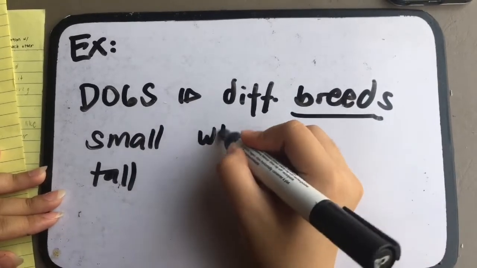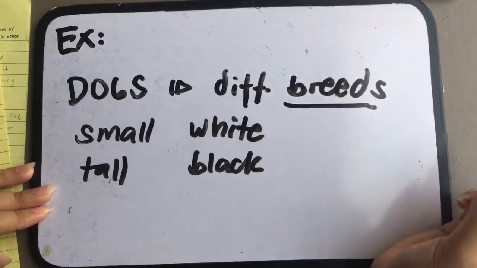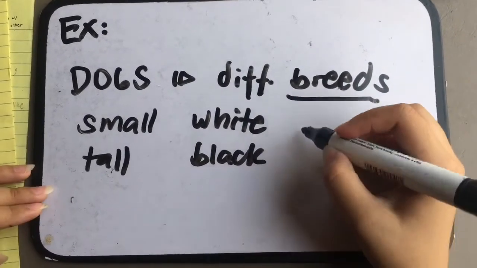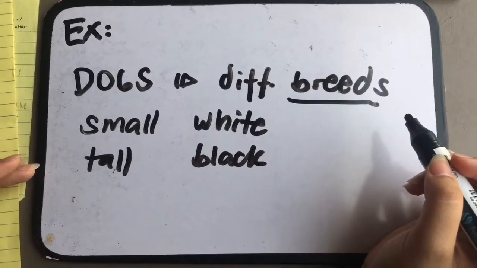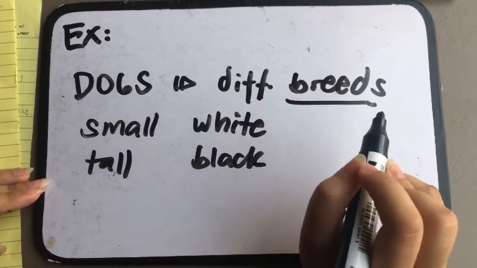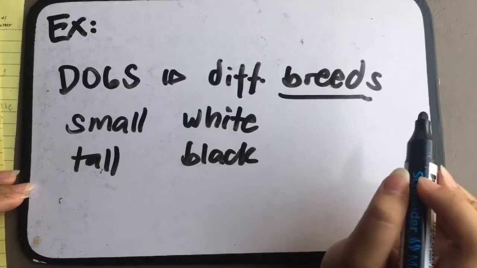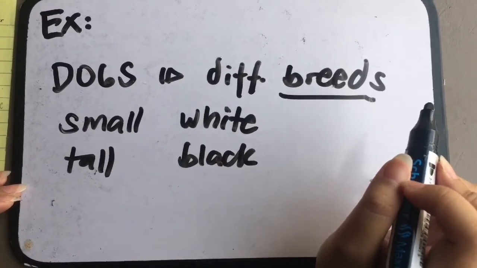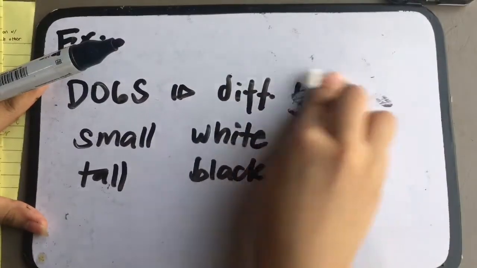Dogs can be white or black, and there are other examples that make them different from each other. But even though they look different and act different, because they can interbreed and produce fertile offspring, we can consider dogs as members of the same species.